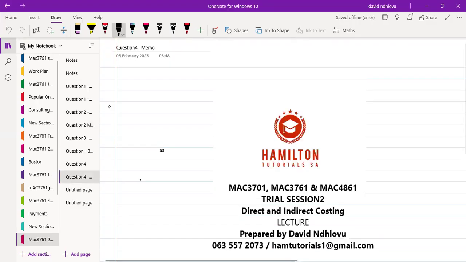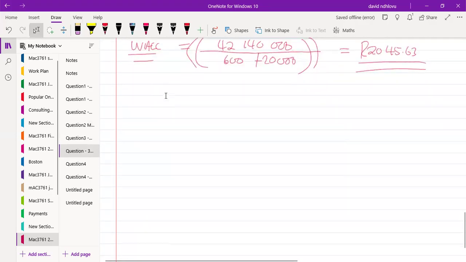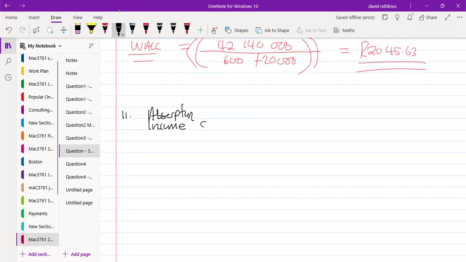Right, so we are done with the variable costing method. Let's go to number 2, absorption costing. Same information, but this time we're using absorption costing.